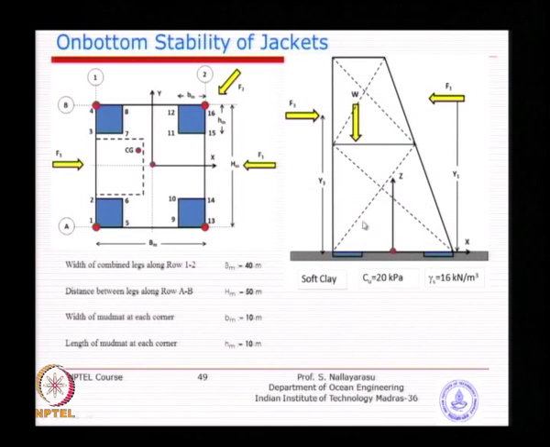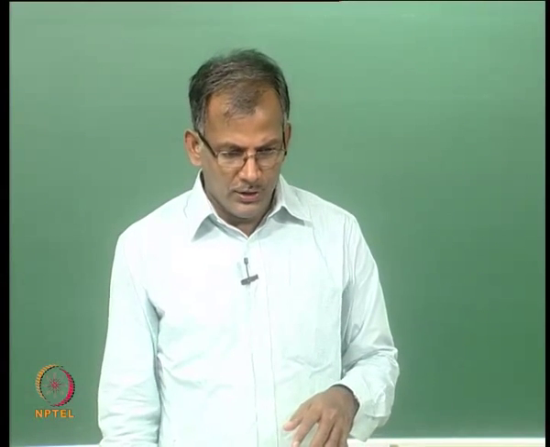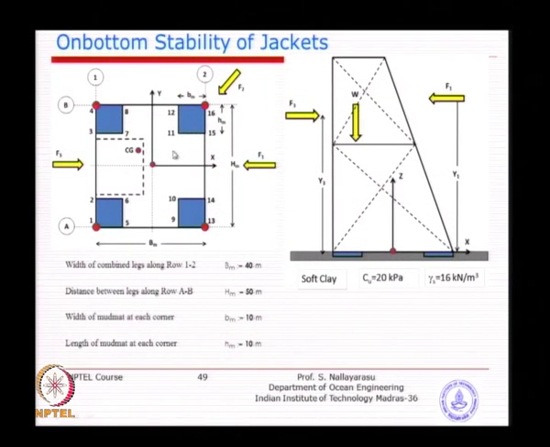If you go back to the picture, each one of the point is given an xy coordinate with respect to the center of the system, geometric center of the system. So, this dot point what I have put here is basically the origin of the overall mud mat system. So, if you look at number 1, you can assign an x and y coordinate based on this origin. This will be minus 20 meter and minus 25 meters.